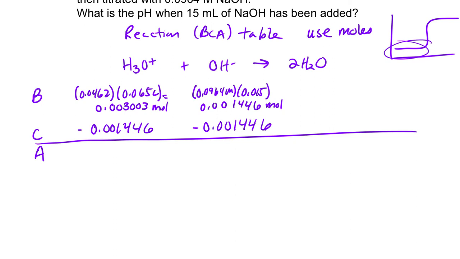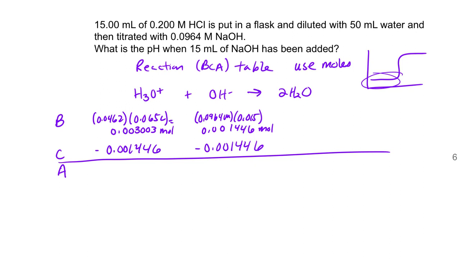Did I have a mistake? Well, I'm just confused on where you got the 0.0462. Oh, you can do this times this to get moles. But the 0.0462 was the moles per liter of HCl in total of 65 mils.